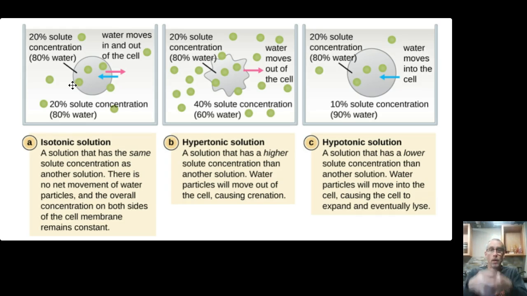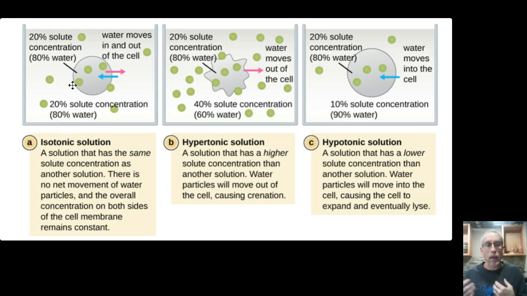But if you put a cell into a solution, one of three things can happen. The best situation is that the concentration of the stuff in your solution matches the concentration of the stuff in the cell. And then everything's good. We call that equilibrium, and we refer to that solution as isotonic.